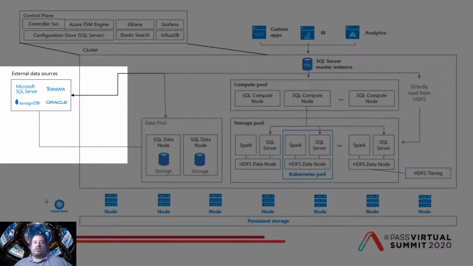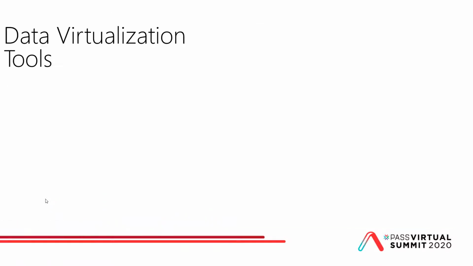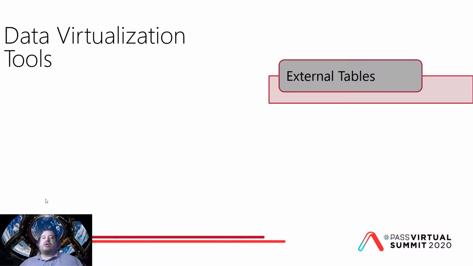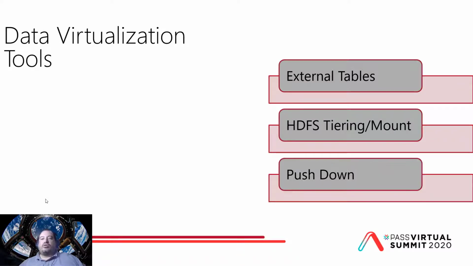Both will work with no problem. So we have these two tools: external tables, external objects to connect to external elements, and HDFS tiering that we can use at our storage level to mount remote storage.